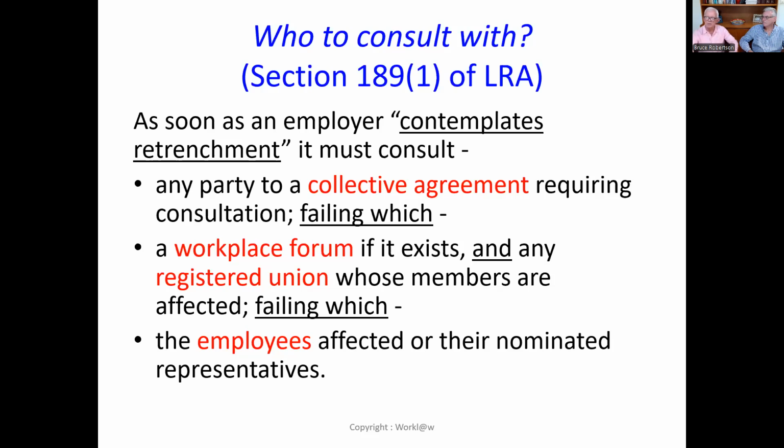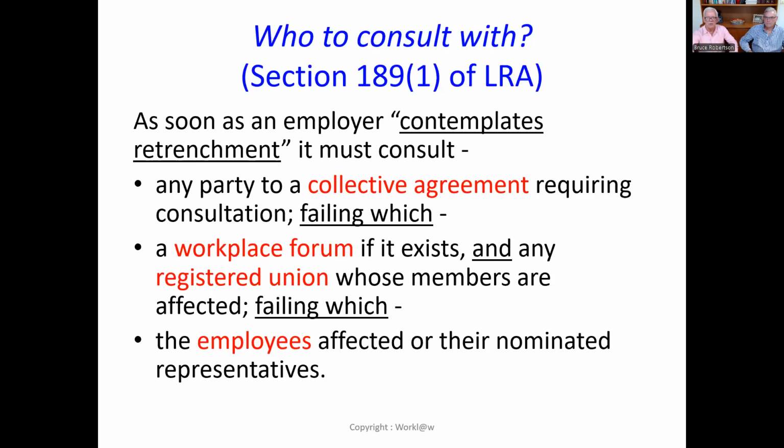Bearing in mind, as you probably know, under Section 23 of the Labour Relations Act, an employer can conclude an agreement with a majority union and extend that agreement to cover all employees in the bargaining unit, and it amends their terms and conditions of employment. So you can think about practical examples here.